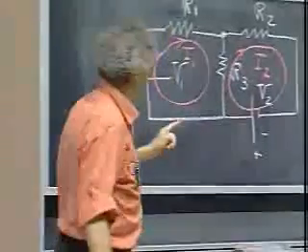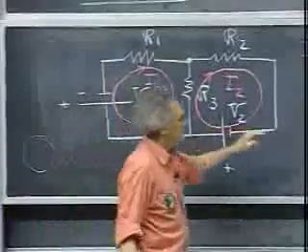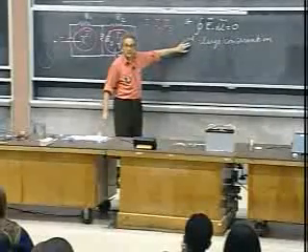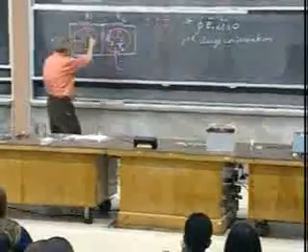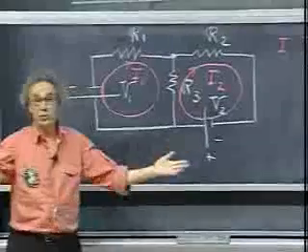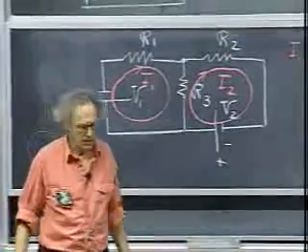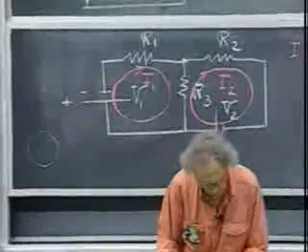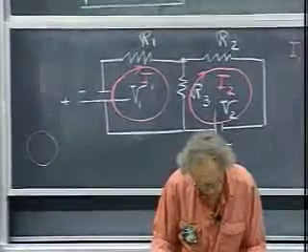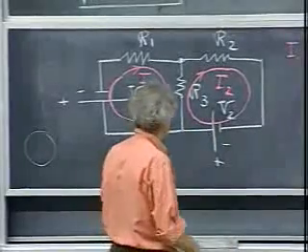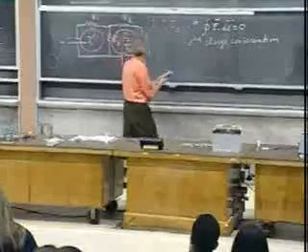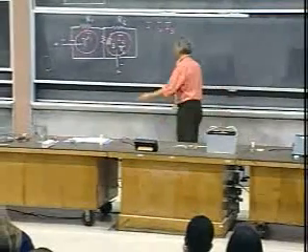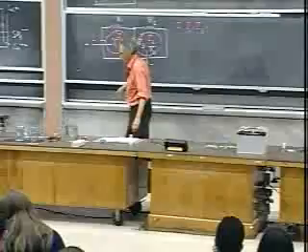If I assume that, then I am automatically obeying the second rule, because a current that goes around, there's charge conservation, right? There's no charge piling up. So the second rule of Kirchhoff is already obeyed. So now I go to the first one, and I can start now at any point in that circuit and go around. I can go around clockwise, I can go around counterclockwise, it makes no difference.